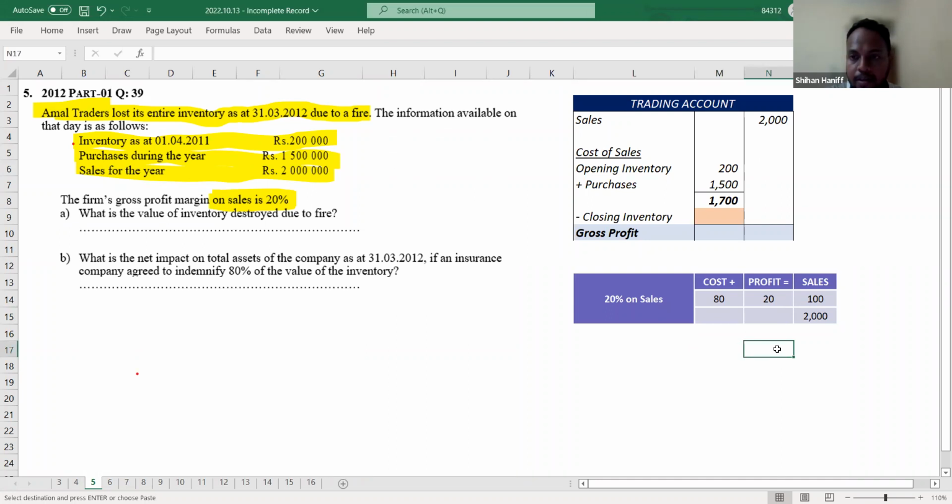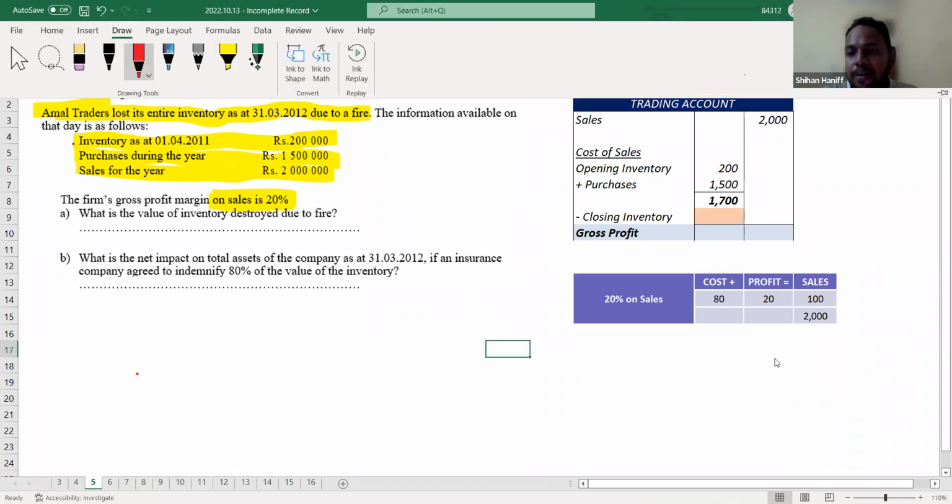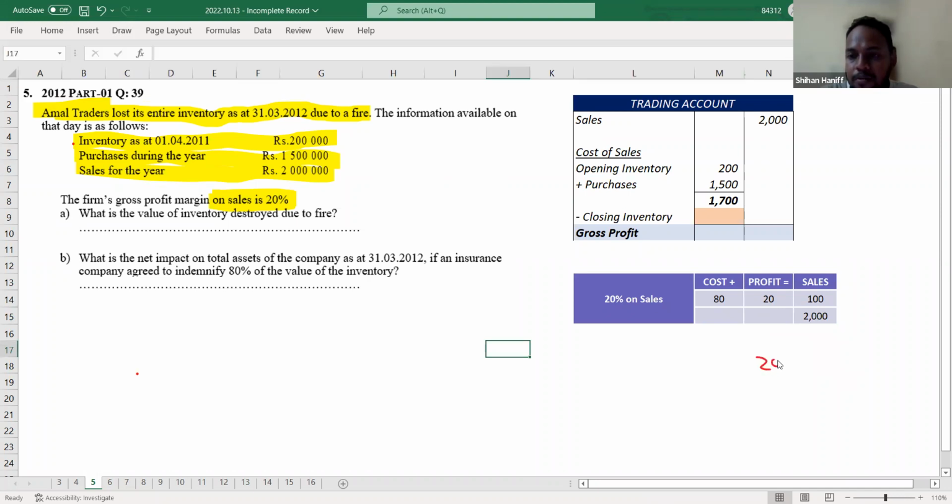Right. 2000 divided by 100 into... let's calculate the profit. Okay. 2000 divided by 100 into 20.